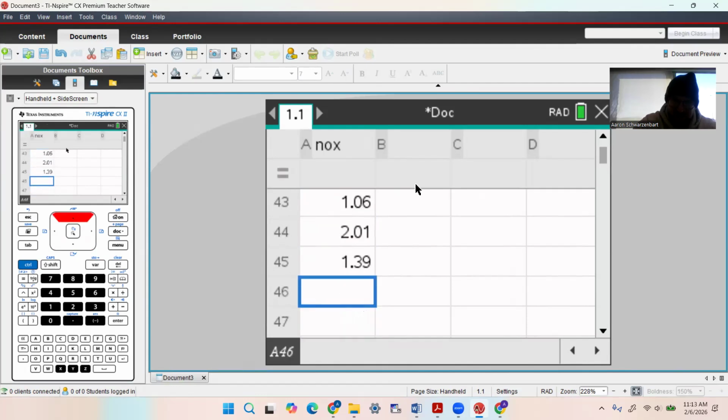Okay, I missed 1.51. And it's nice that I don't need to reorder this.